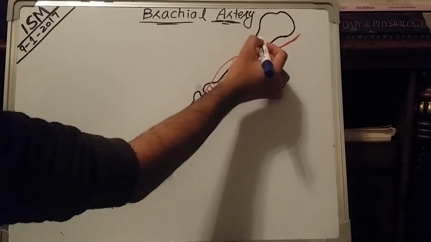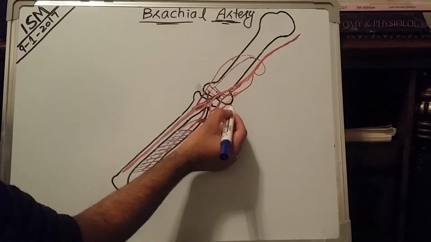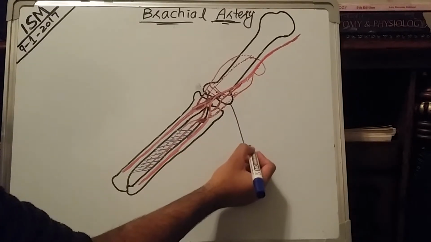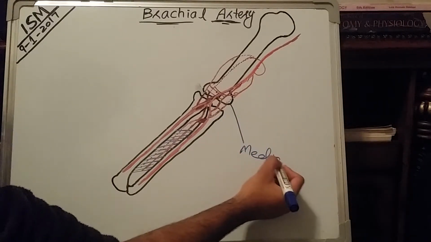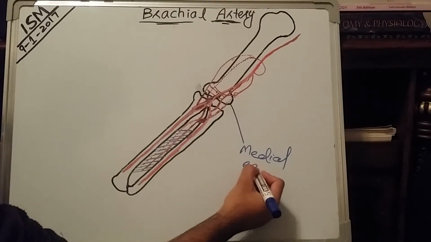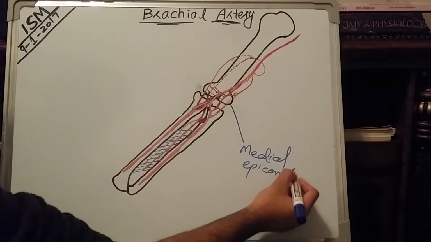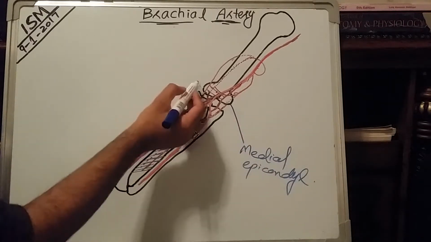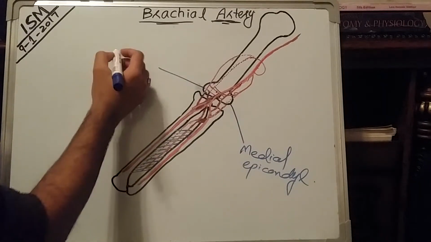This is the humerus bone. This is the medial epicondyle. This is the lateral epicondyle.